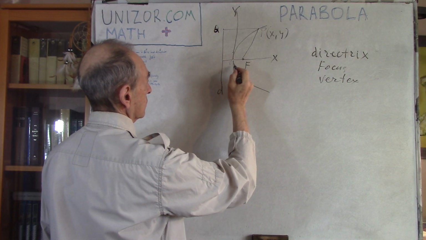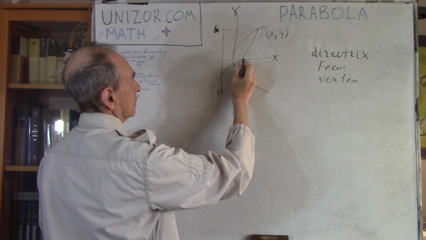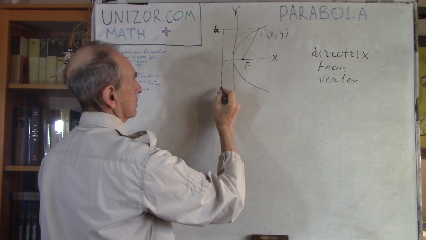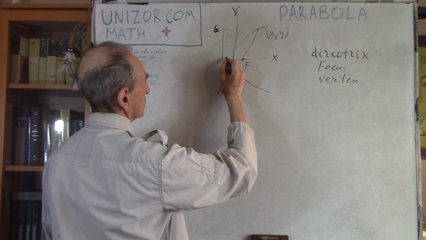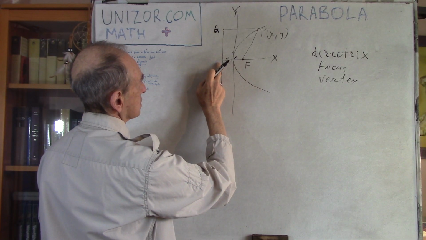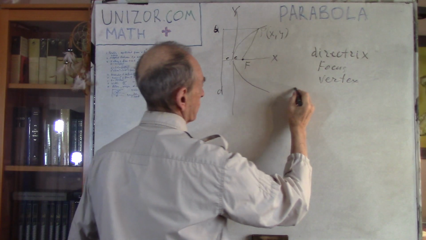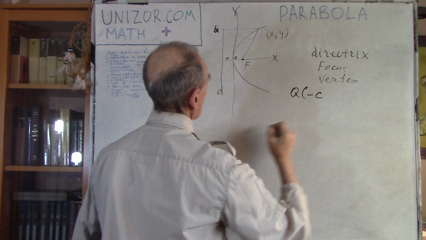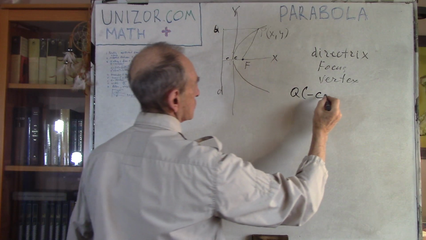Well, we have to assign some distance between the focus and the directrix. I would call it 2c, so it will be c here and c here. So the coordinates of point Q would be x equal to minus c, and y would be the same as this one, which is y.